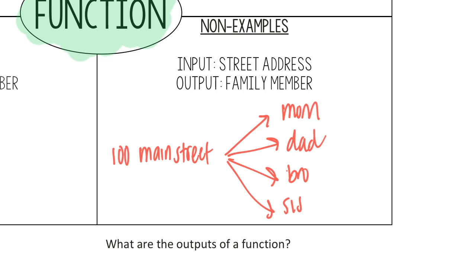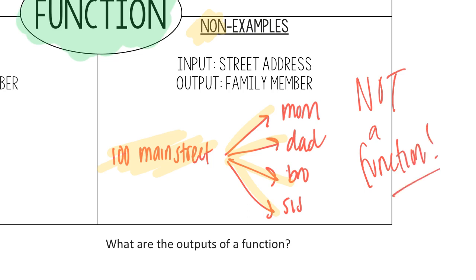Do you see how this input is repeated? It has multiple places to go for the output. This is a non-example. So we would say that this is an example that is not a function. Whenever the input repeats to multiple outputs, that is not a function.